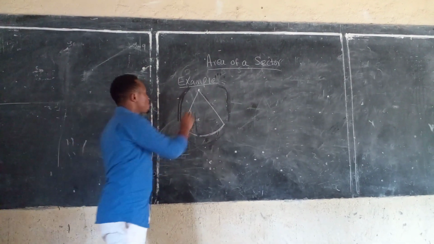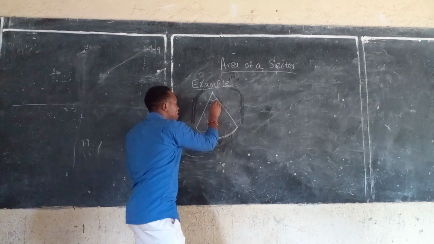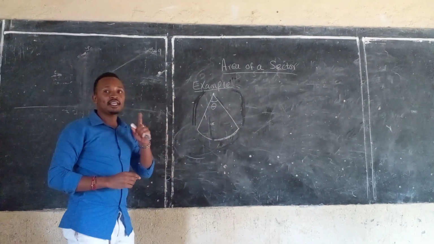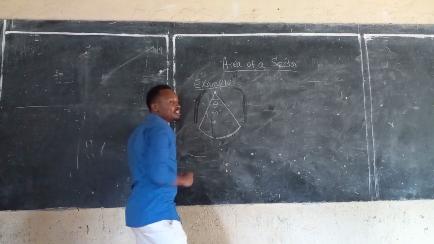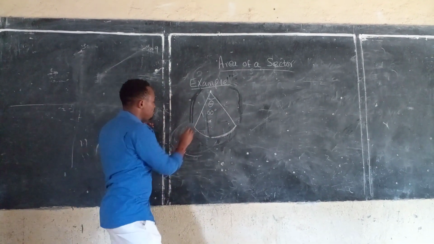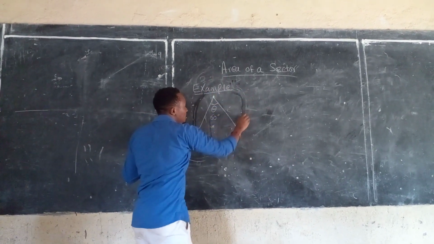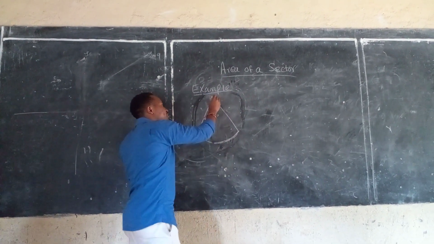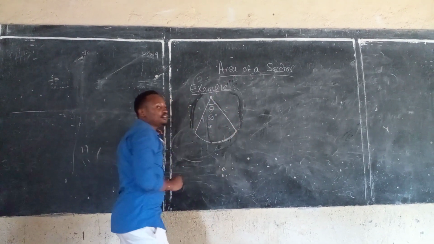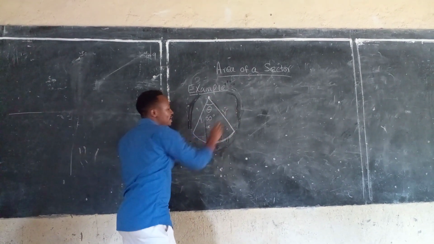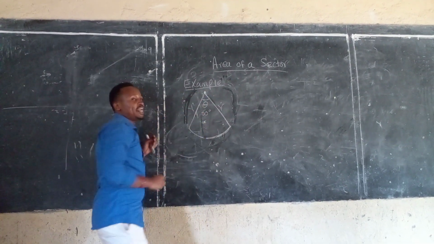Here, of course, we have an angle subtended there. The angle subtended, we can call it theta. In our case, let's assume that our theta is 60 degrees. If this is the center of the circle, this means that this line here is going to give us the radius, and that line there is also the radius.